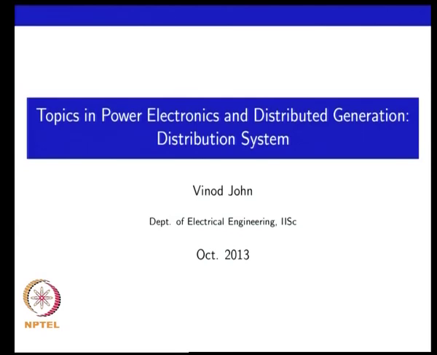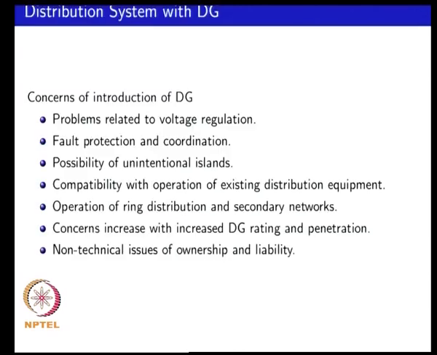So far in the classes we have been looking at distribution systems from the point of view of trying to understand what the impact of adding a distributed generation system to the existing distribution system is going to be, and we identified many concerns. We saw that when we have long feeders you could have possibilities of over voltage or under voltage along the feeder, depending on the location of the DG and what it is trying to do.